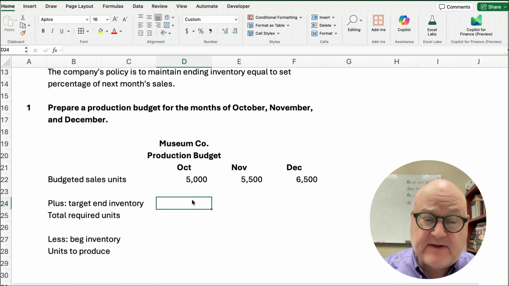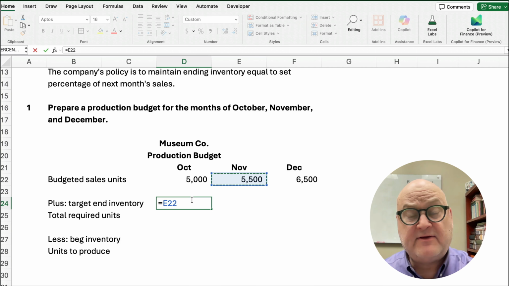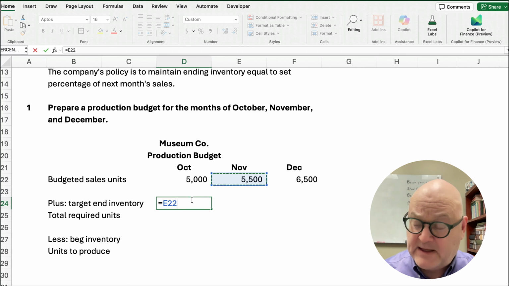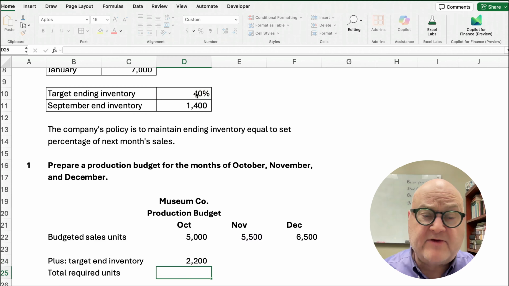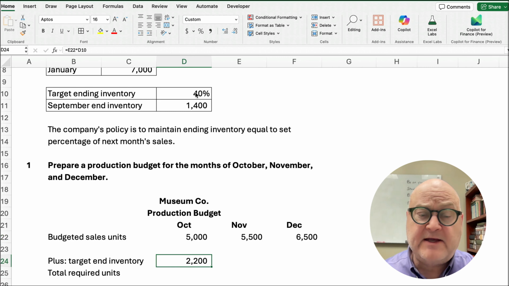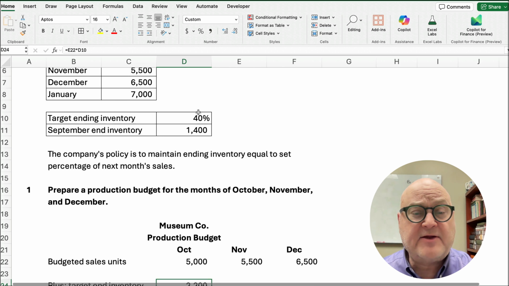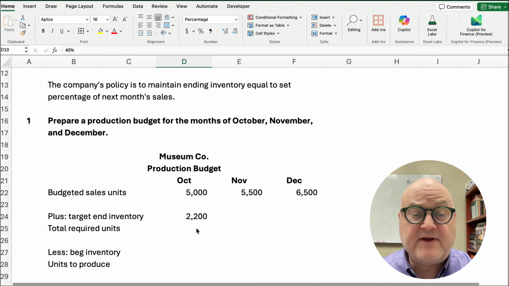So what we need to do in each of these cases is take the next month's sales times 40%. Because we're going to have sales of 5,500, we need to maintain ending inventory of 40% of that. Now that could be just our preference, our desire, how long it takes to create our products, and we want to make sure we have a margin of safety there.